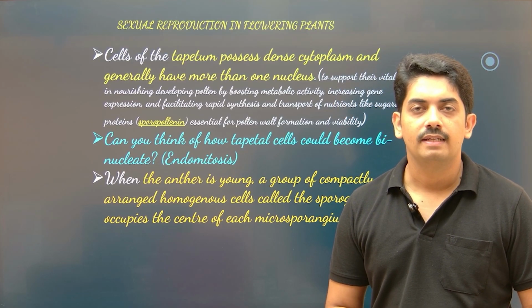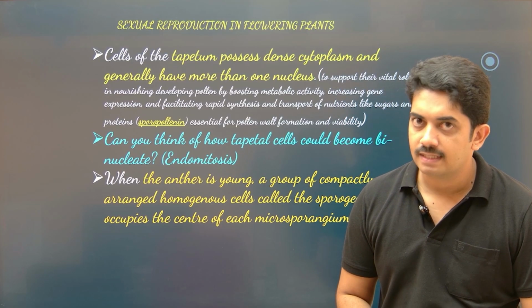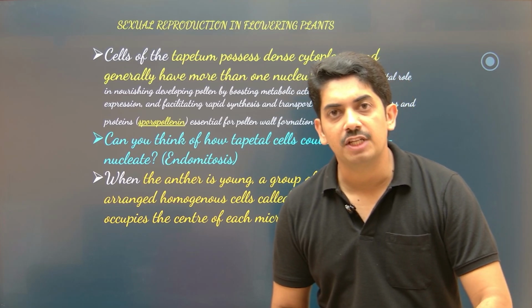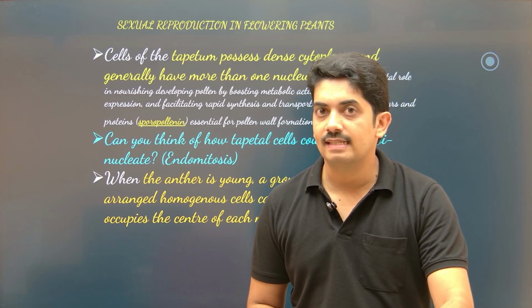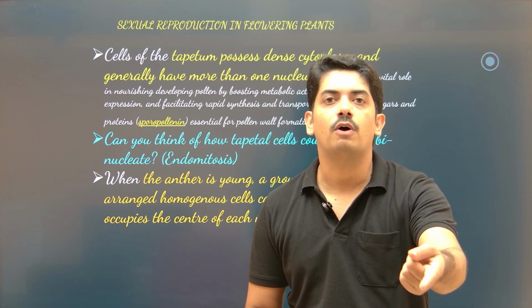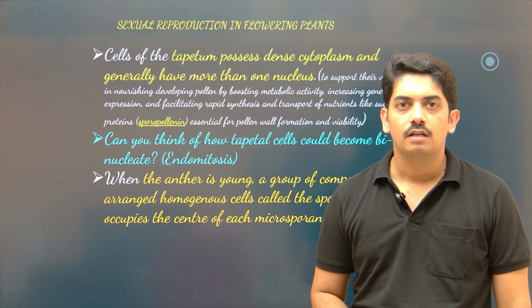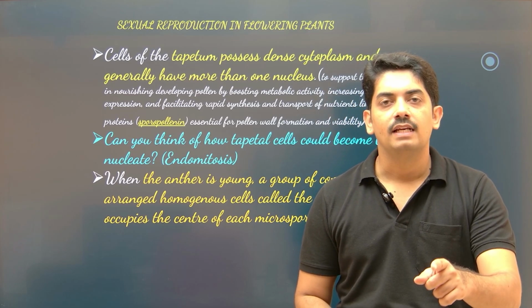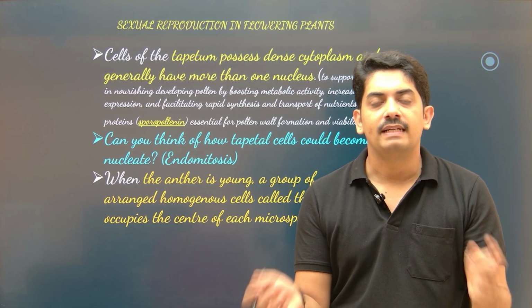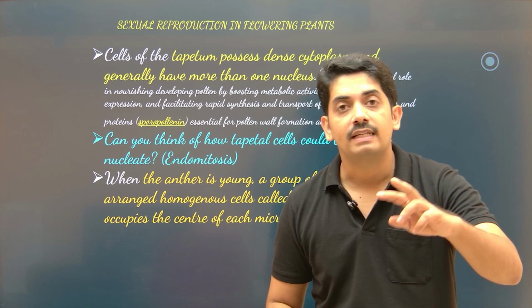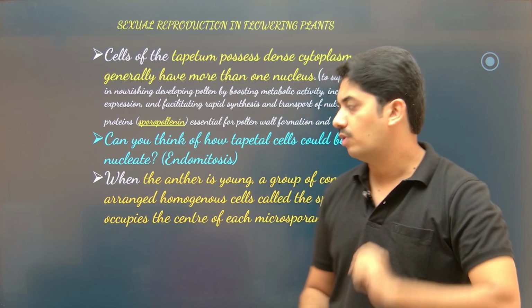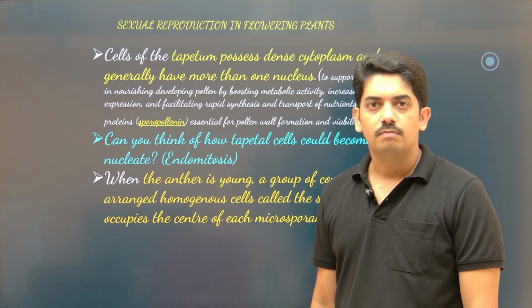Very important. Here mitosis takes place, nucleus undergo duplication, that means karyokinesis takes place, but which is not followed by the cytokinesis. If cytokinesis takes place, this will become two cells, but it will remain as a single cell but has two or more nucleus. That is possible mainly because of endomitosis.